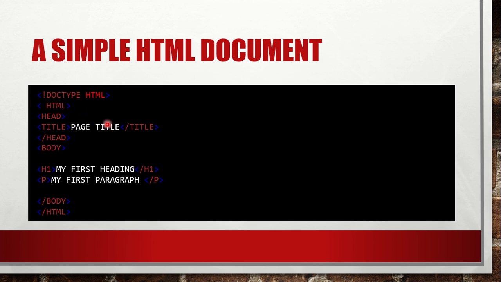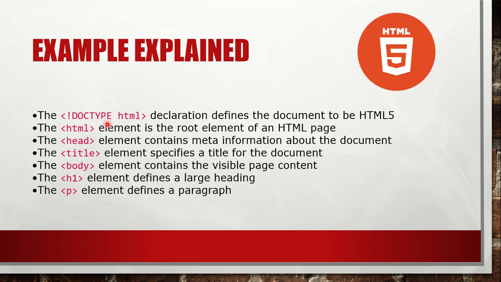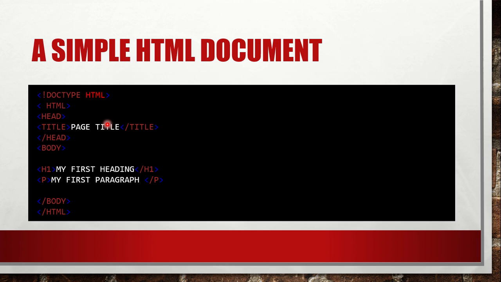So moving on to the next one, html, this tag that we have here. The html tag is the root element of the HTML document, of the whole page. It simply tells us that everything from this head to this body to the end, whatever is going to be inside it, is HTML.